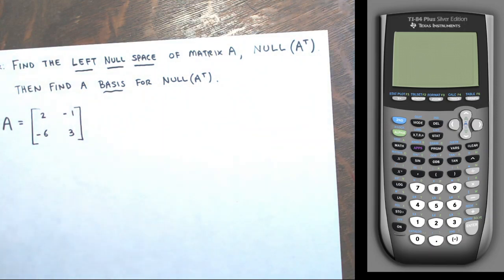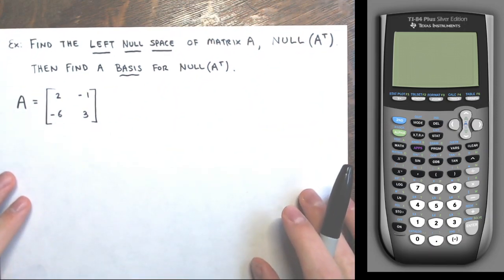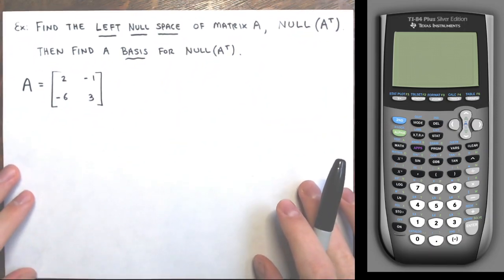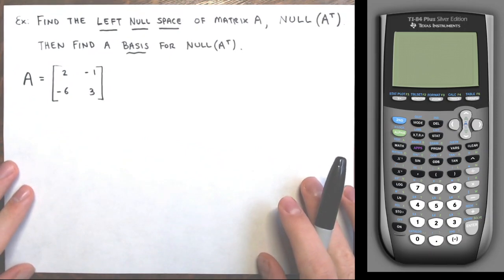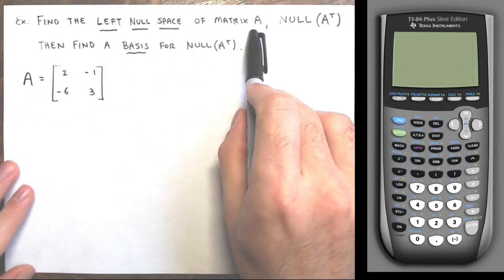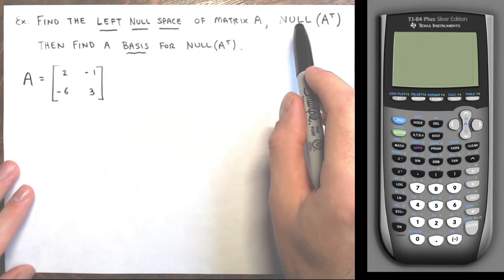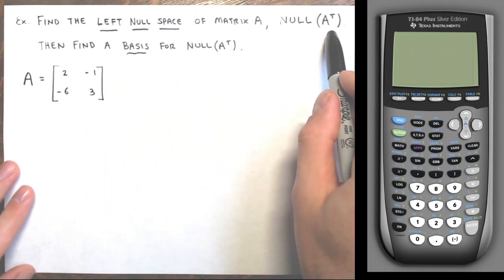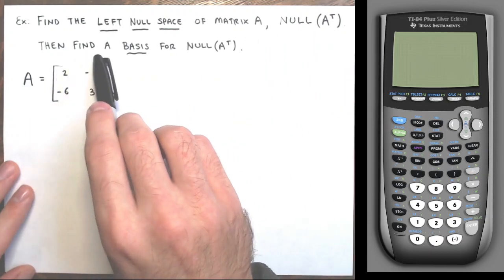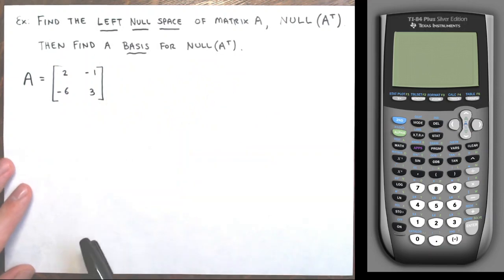I am given a matrix A, and I'm trying to find the left null space of matrix A, which, when you see this, the left null space of a matrix A, that's just the null space of A transpose. Then we'll find a basis for the null space of A transpose, this left null space of matrix A, same thing.